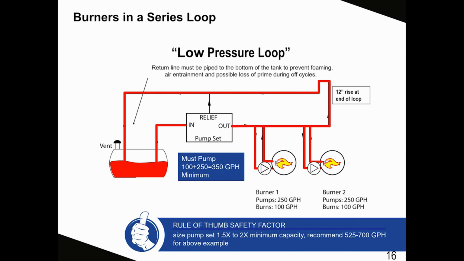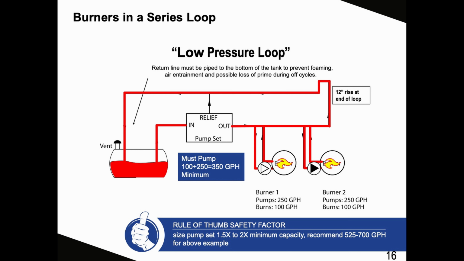To size this properly, we would look at the pump set and look at the burn rate of the first burner and then the pump rate of the second burner to ensure that the last burner in line gets the necessary fuel oil for that pump so it doesn't cavitate, like we talked about earlier.